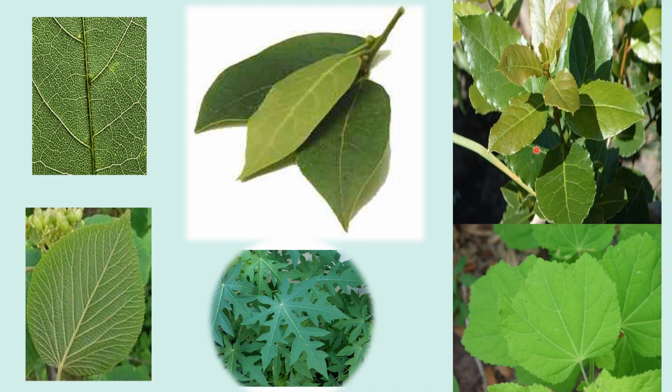On the upper surface, there are no stomata, but cuticular transpiration takes place. In the lower surface, stomatal transpiration as well as cuticular transpiration takes place. In which part does more transpiration take place? Of course, in the lower surface of the leaf.